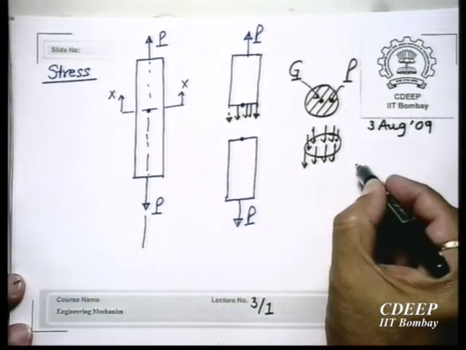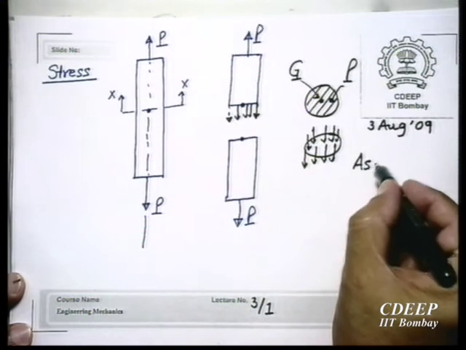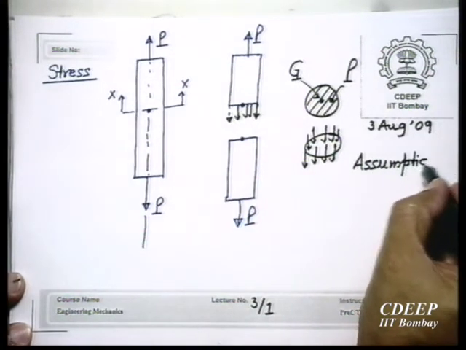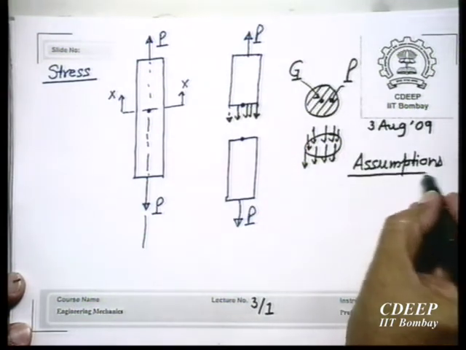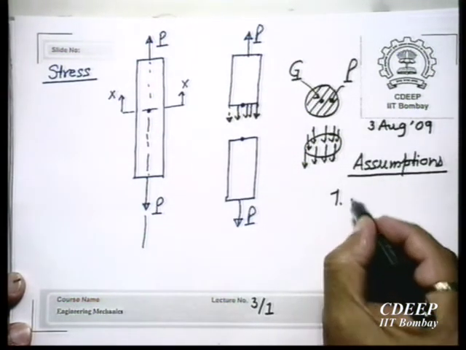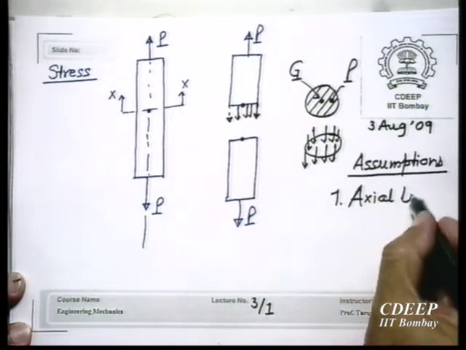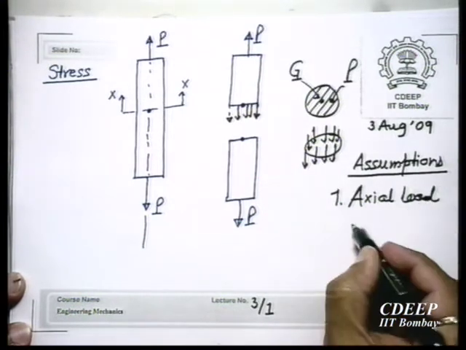So, assumption number 1, axial load passing through the centroid G. Please note down the assumptions very clearly because these are important.